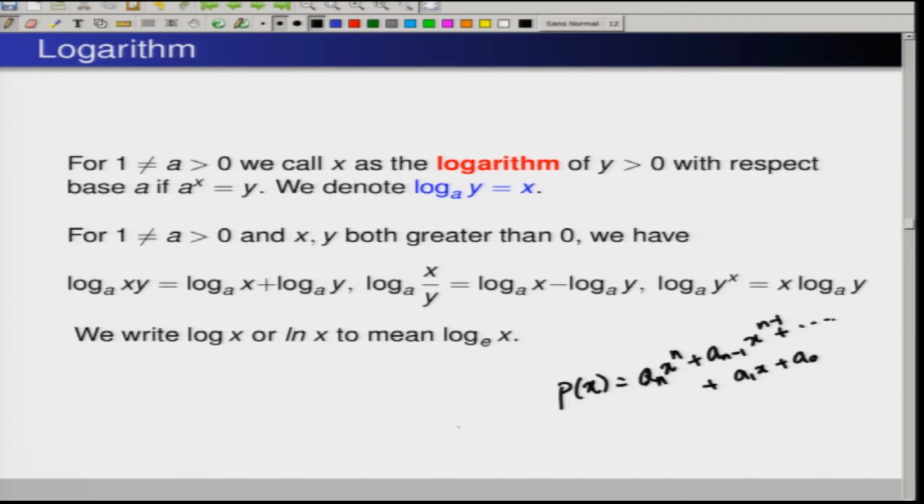Also we have the rational function p(x) divided by q(x), where both p and q are polynomials, and then trigonometric functions, exponential functions and logarithmic functions.